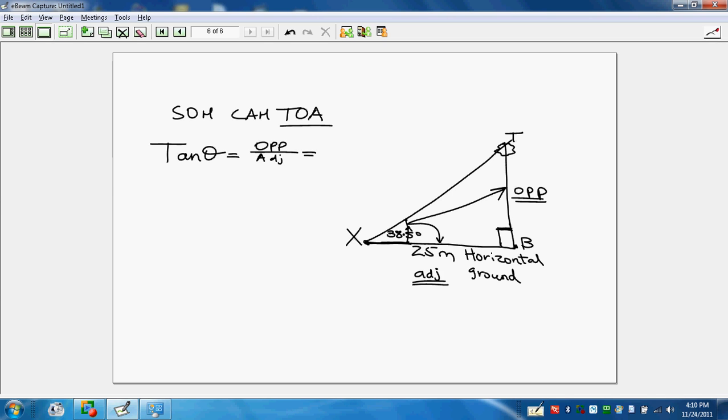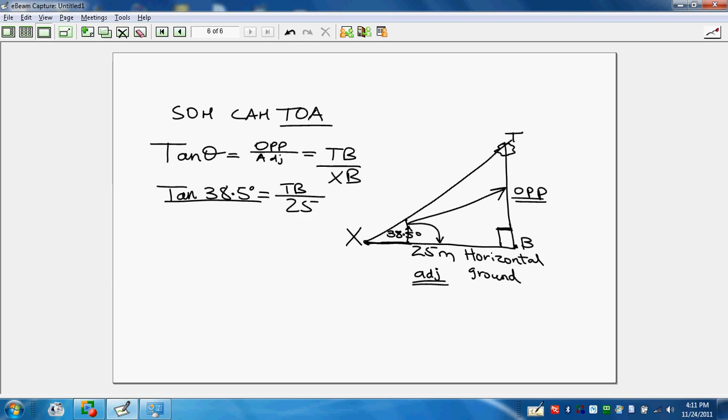In this case, opposite was TB and adjacent was XB. So we could therefore say tan of 38.5 degrees will be equal to TB, which is unknown, over XB, which is 25 meters.